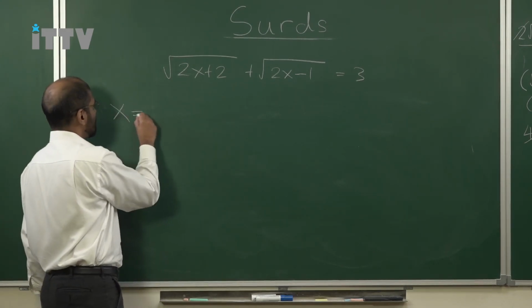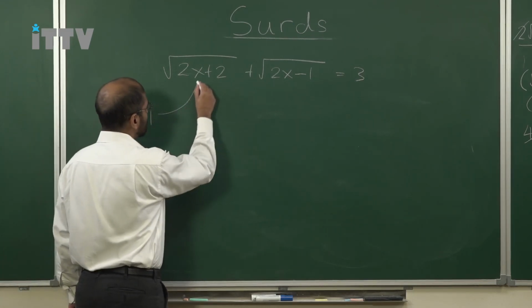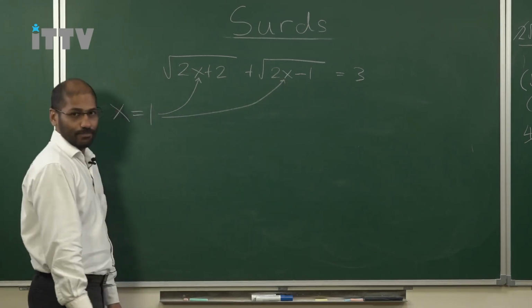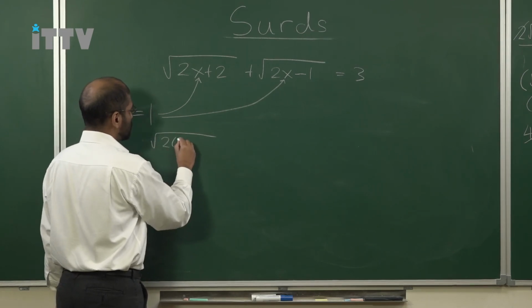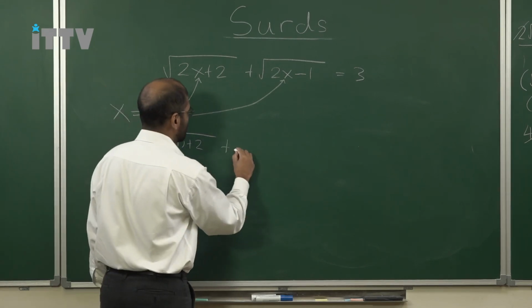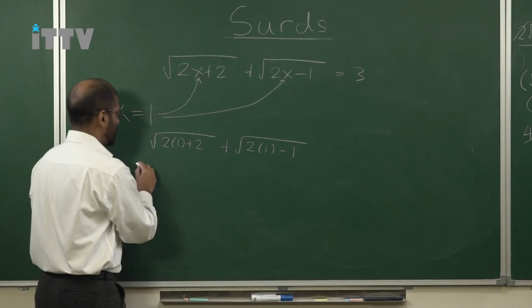So let's test our answer. Take x equals to 1, put it in here, and put it in here. So we have square root of 2 times 1 plus 2 plus with square root of 2 times 1 minus 1.